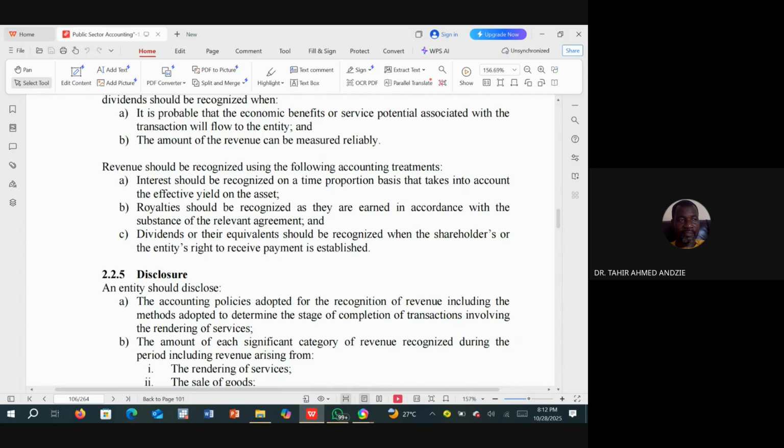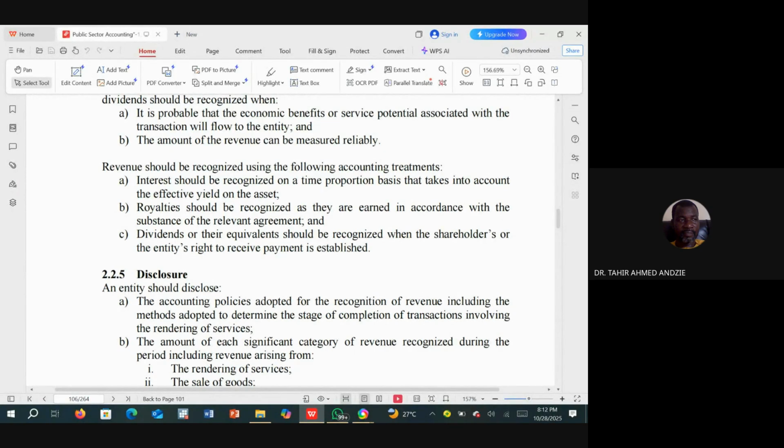Royalty should be recognized as earned in accordance with the substance of the relevant agreement. Sometimes royalty depends on the extraction. As for royalty, it may not be based on a fixed amount you'll be paying every year, unlike the rent, unlike the interest. So royalty will be based on the substance of the relevant agreement.